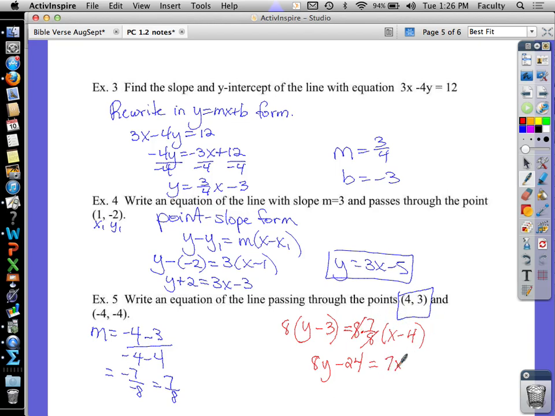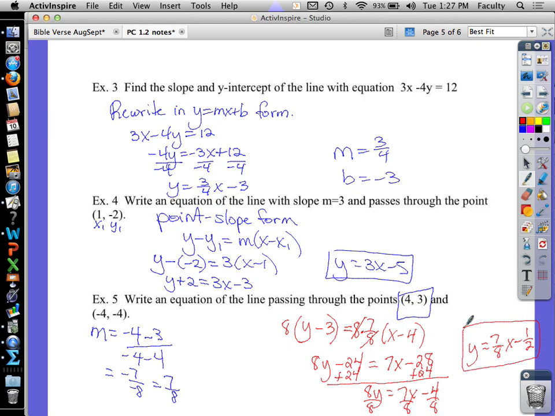So I get 7x minus 28. So I get 8y equals 7x minus 4, and then divide by 8. So y equals 7/8 x minus 1/2.